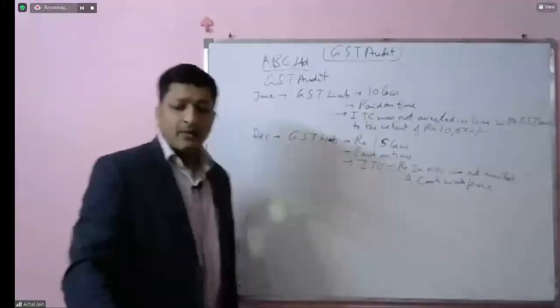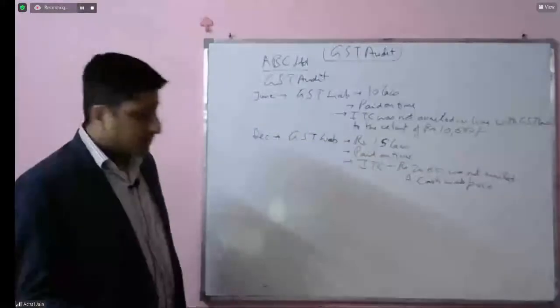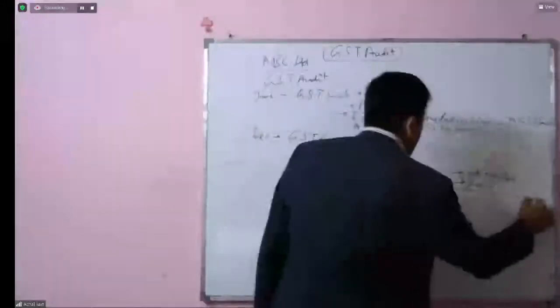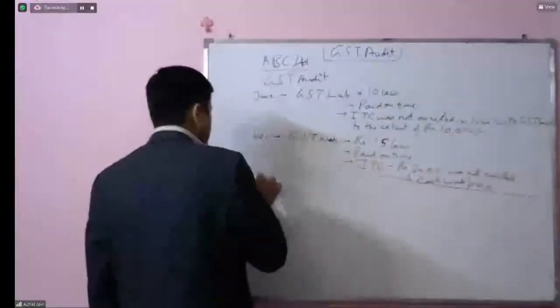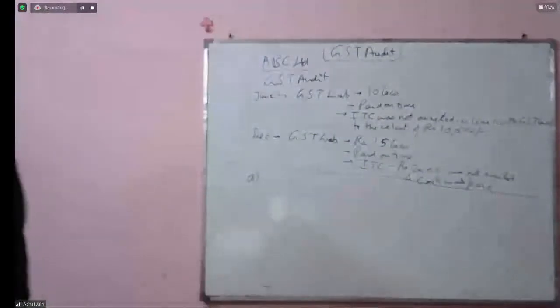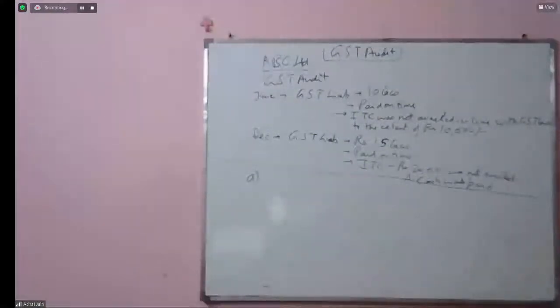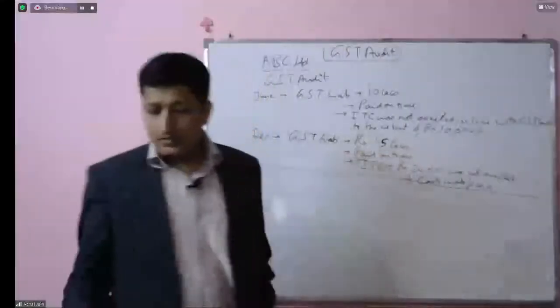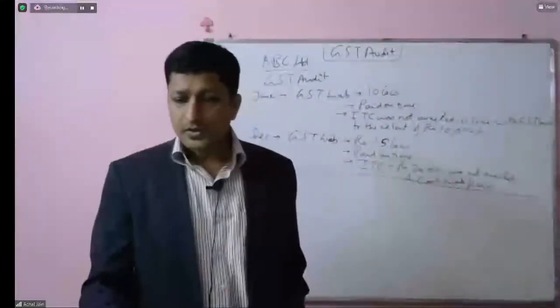Okay, now for the GST auditor, what's the course of action in this situation? So we can again look at some options. So let's try to look at some options.